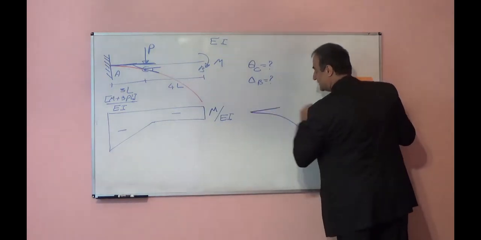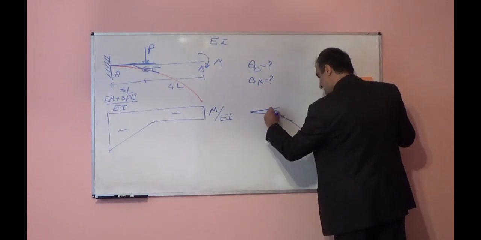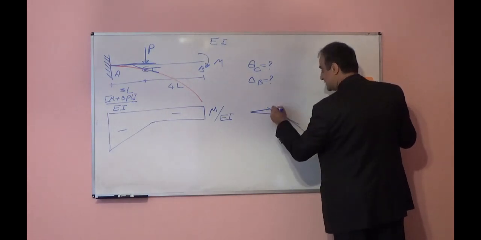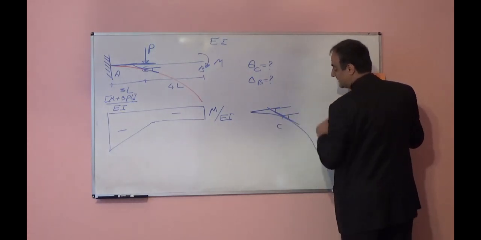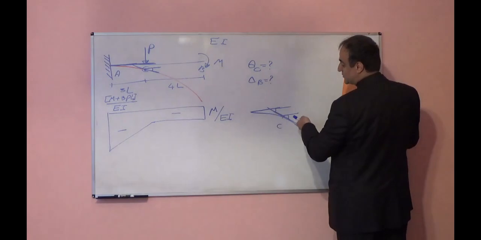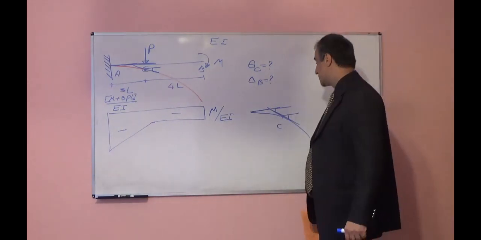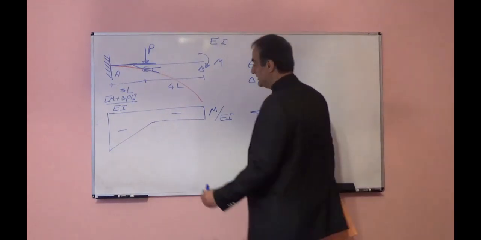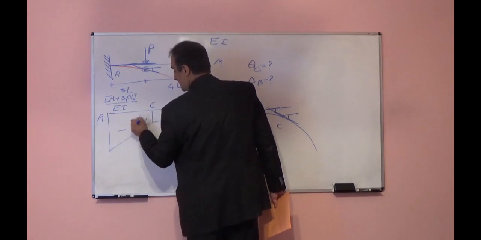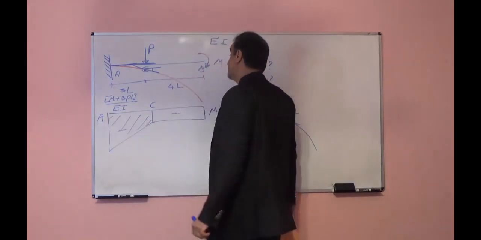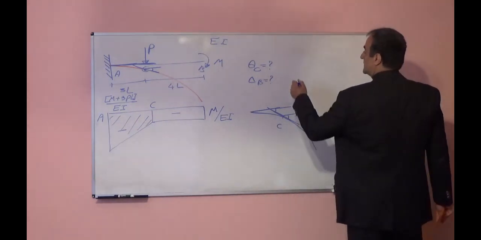The tangent here will be horizontal. The tangent at C will be in this direction. So this angle is equal to this angle. The area underneath of this from A to C will give us theta C.